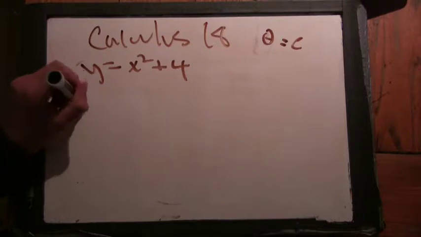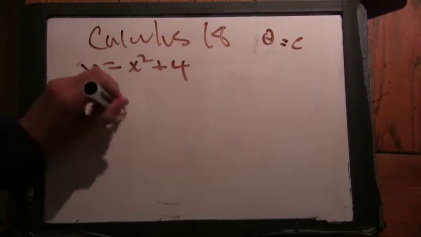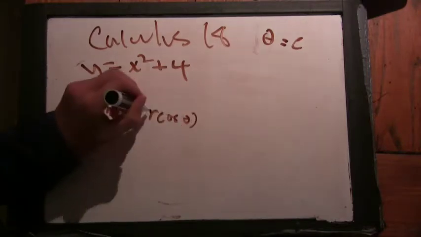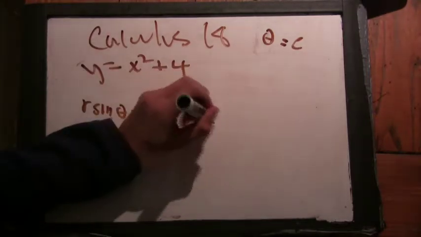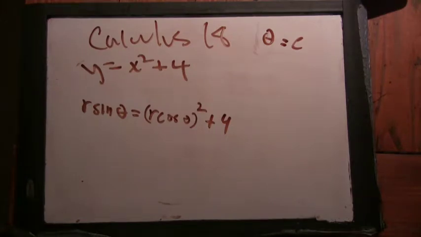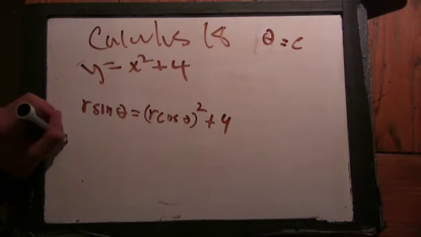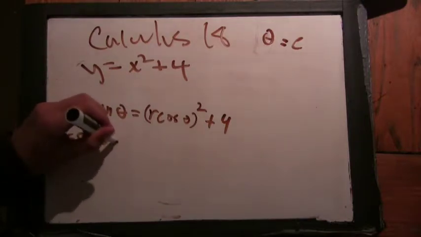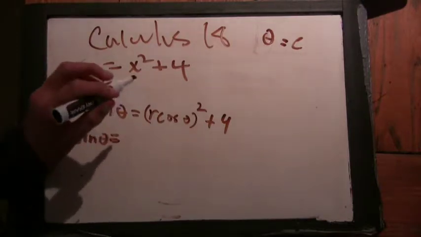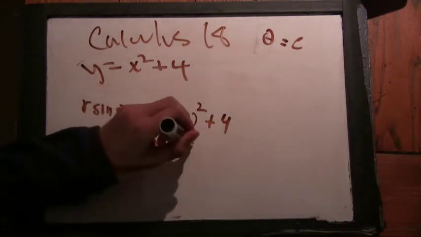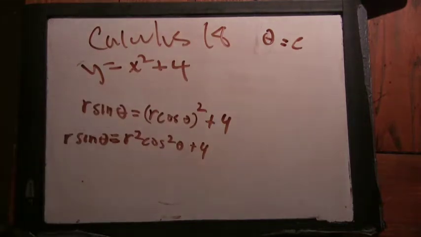So, r sine theta equals r cosine theta squared plus 4. So, r sine theta equals r squared cosine squared theta plus 4.